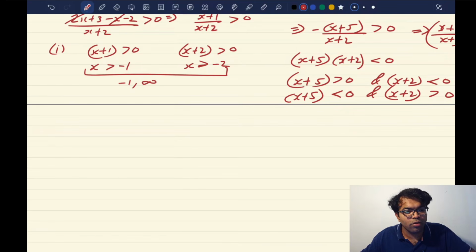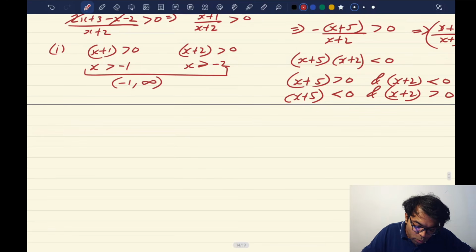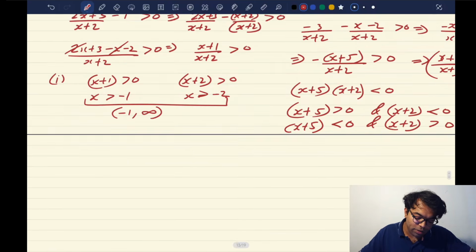Your mom is telling you that you need to get a score above 95. So basically the only score that will make both your parents happy will be 96, right? Because if you get 96, then your dad is happy and then your mom is also happy, because both the conditions are fulfilled. So here x is greater than minus 1 and x is greater than minus 2. So you will take minus 1 to infinity to be a part of the solution.